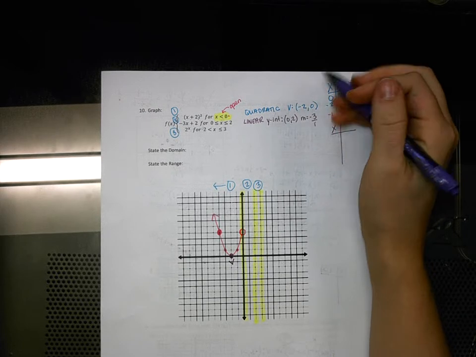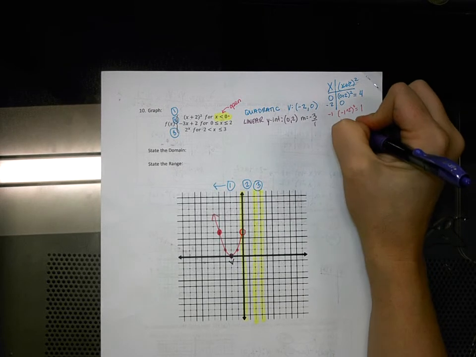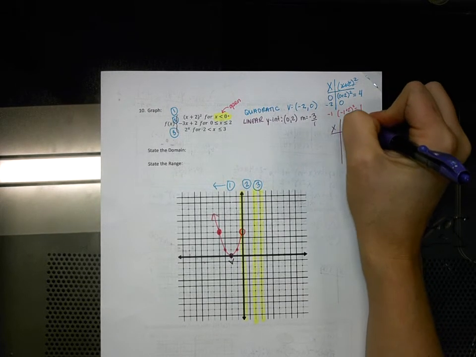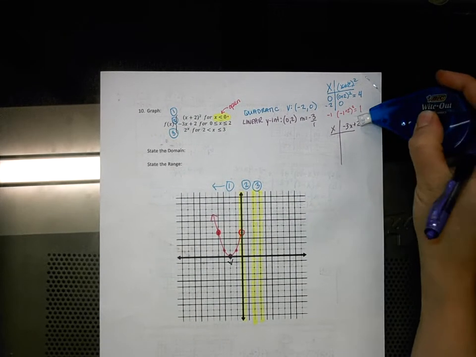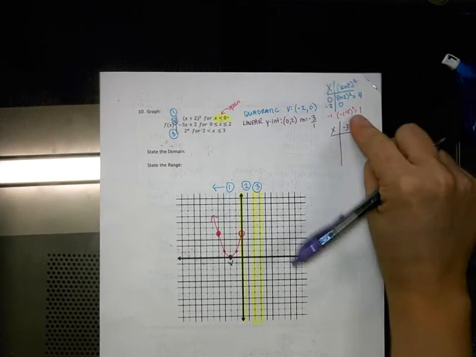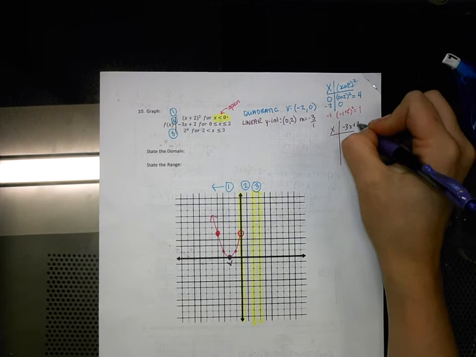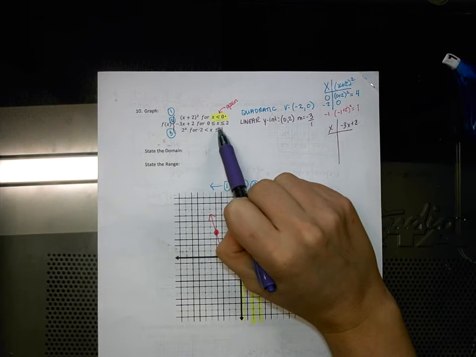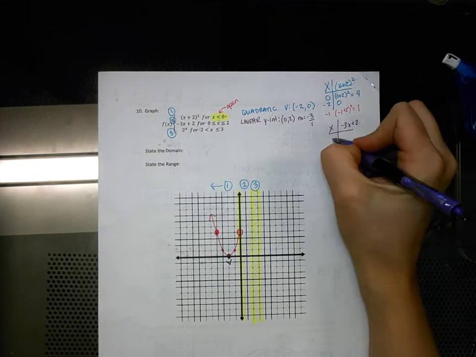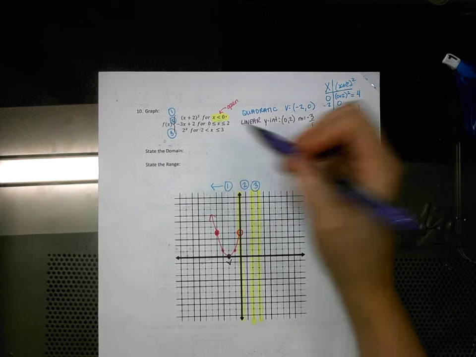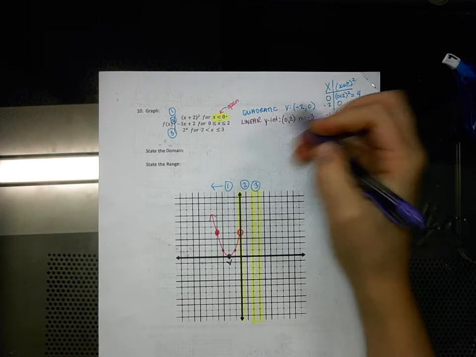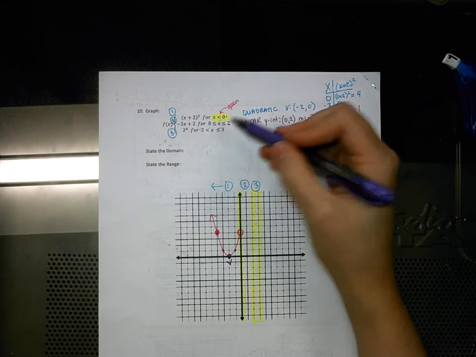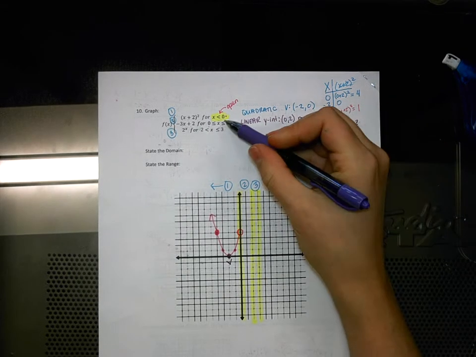So when I have -3x + 2, I could also plug in my values. When x is at 0, it's equal to, so I want a closed point. When x is at +2, I also have less than or equal to, so that's also a closed point.